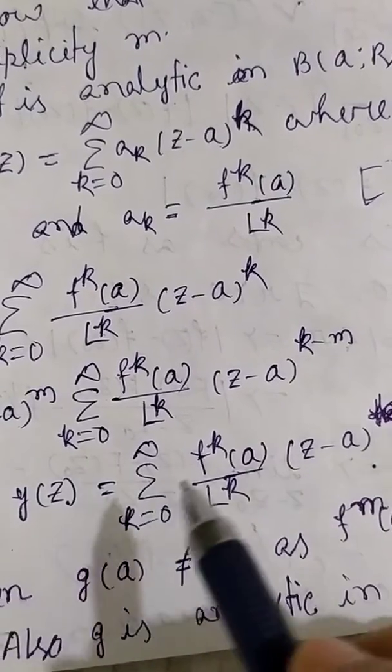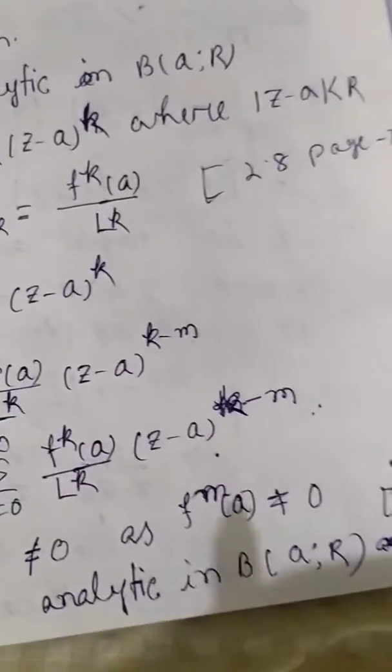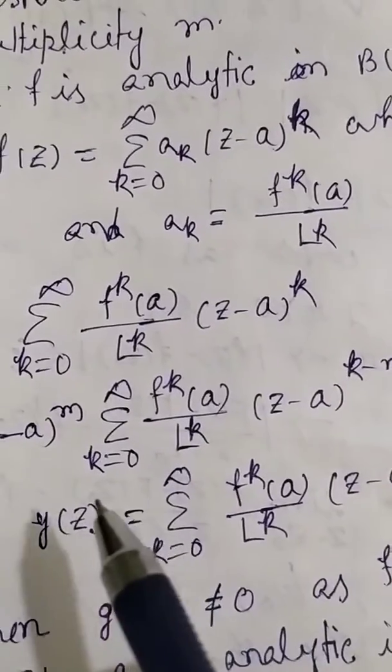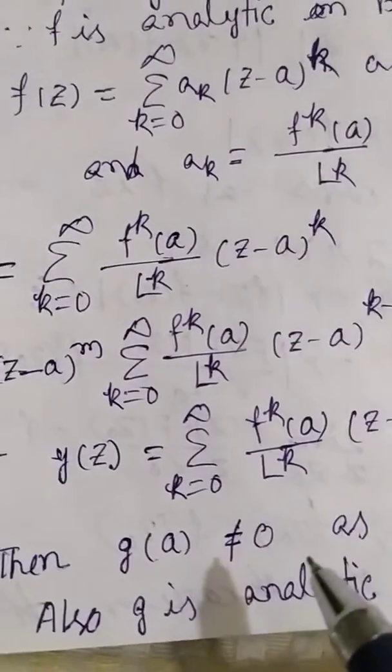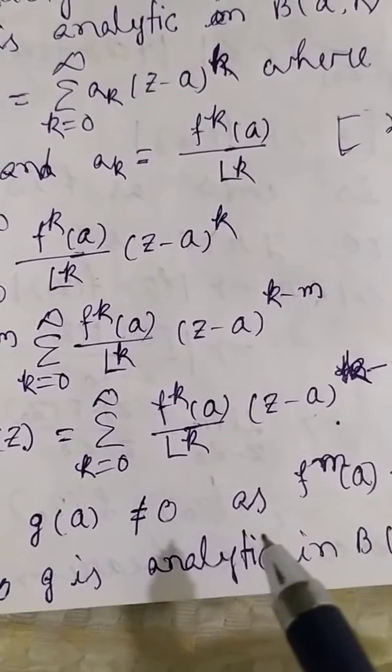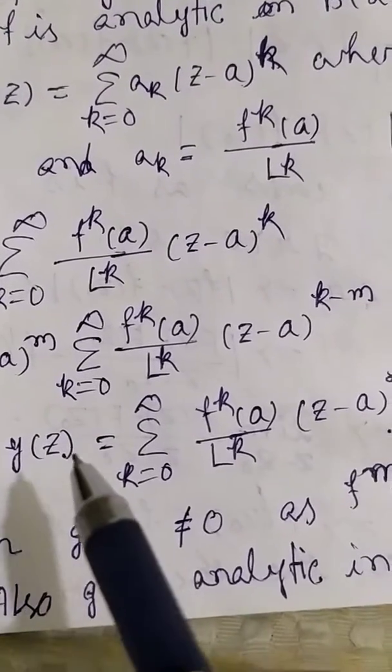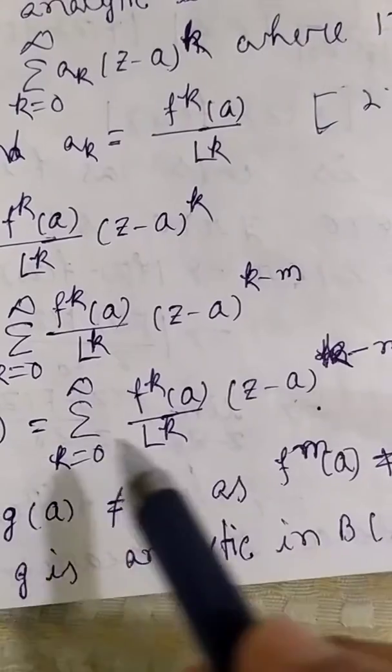Since this is g(z), you can see g(a) is not equal to 0, because g(a) equal to 0 would mean all terms are 0 in this summation.